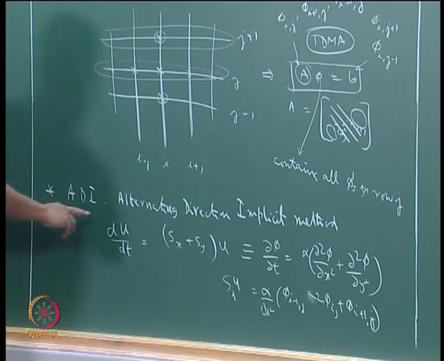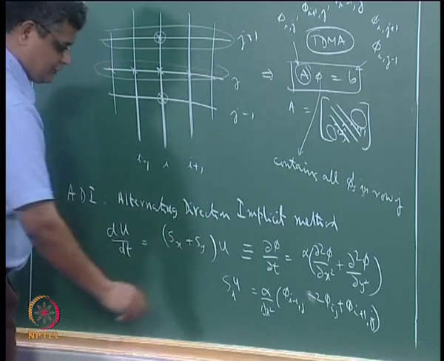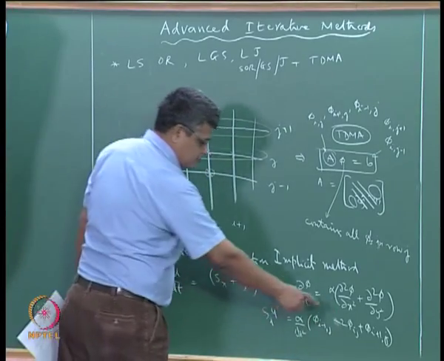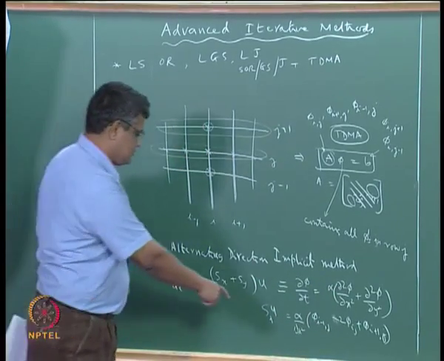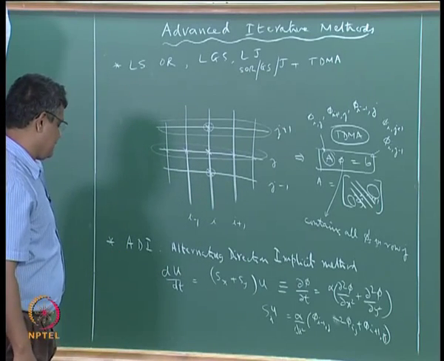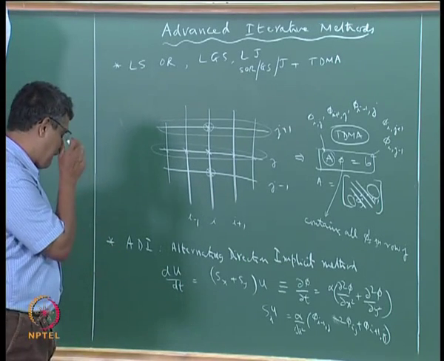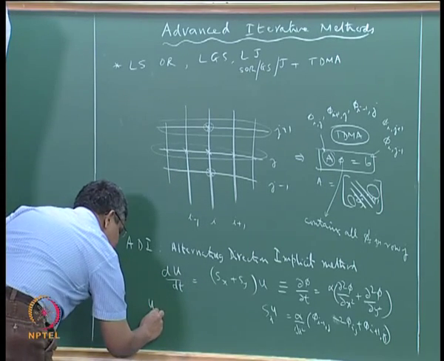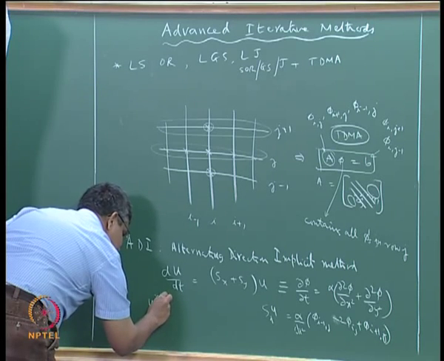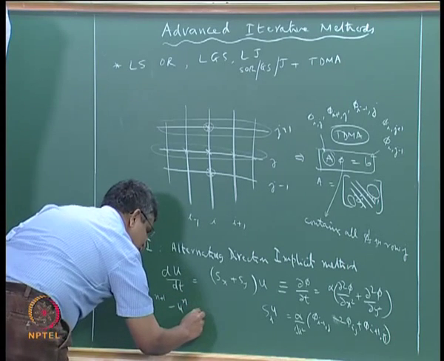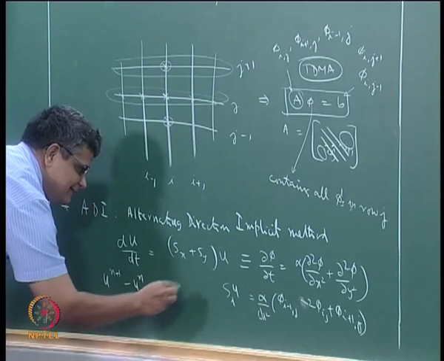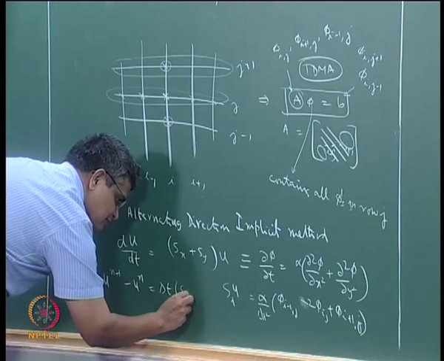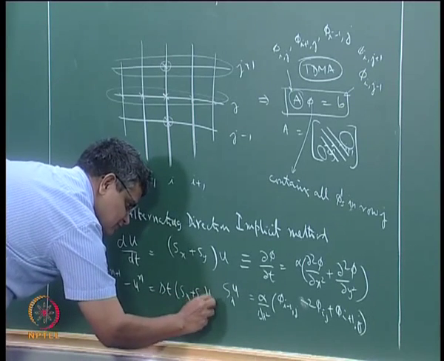Okay, so if you have this equation like this, and this u here contains all the phi values that are appearing in this, we can use, for example, a first order discretization here and say that u n plus 1 minus u n is equal to delta t, this alpha is subsumed in this, times Sx plus Sy times u.